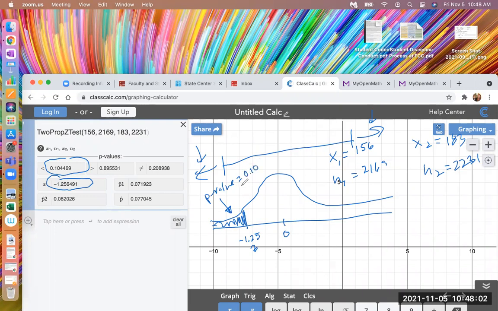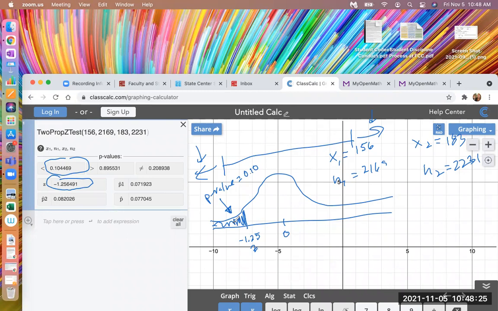So that's just if you were interested in understanding what the p-value is: the probability of me getting two samples with such different p-hats, given that we thought they were coming from the same population with the same proportion.